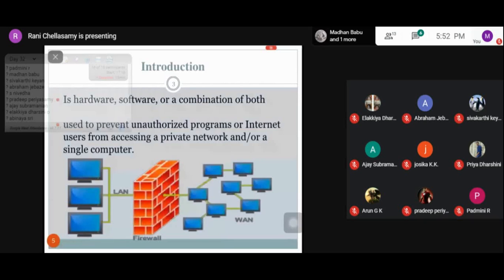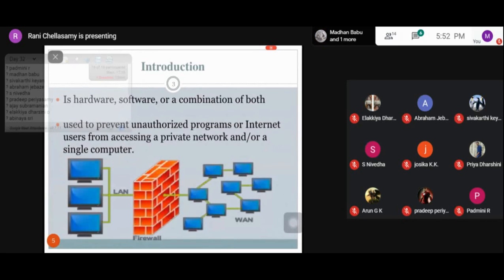Some data packets can be transferred to the internet. So not all the data from the private network is allowed to pass on to the internet. So there are some restrictions that will be specified by the user-defined rules. Okay, so fine. Firewall is going to be a hardware device or software application or the combination of both. Okay.